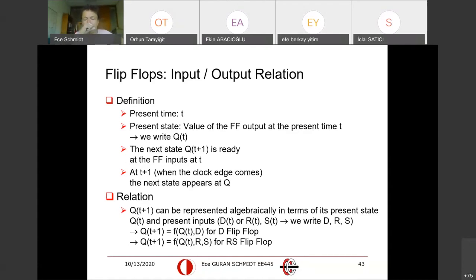For the D flip-flop, for example, Q at t plus 1, what you will see at the output Q, will be what you see at the D input at time t. Okay? So the next state is sitting here, the present state is here, the clock hits, the next state appears here, and t plus 2 is sitting here.